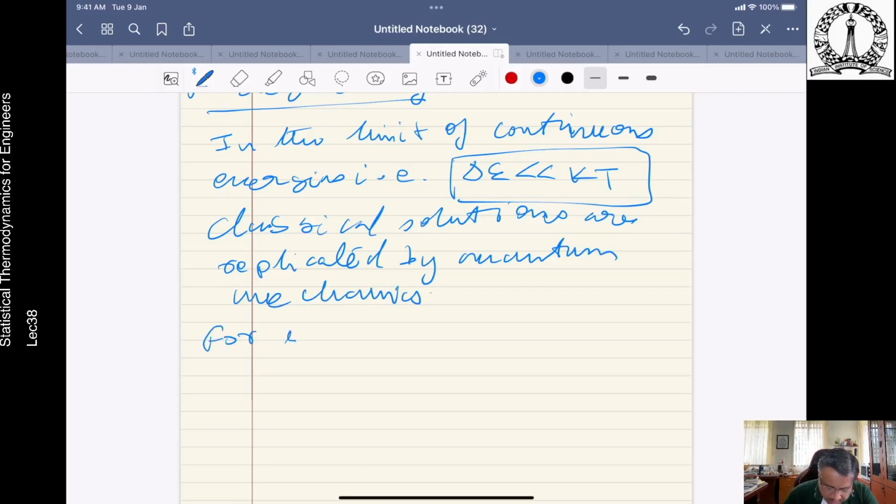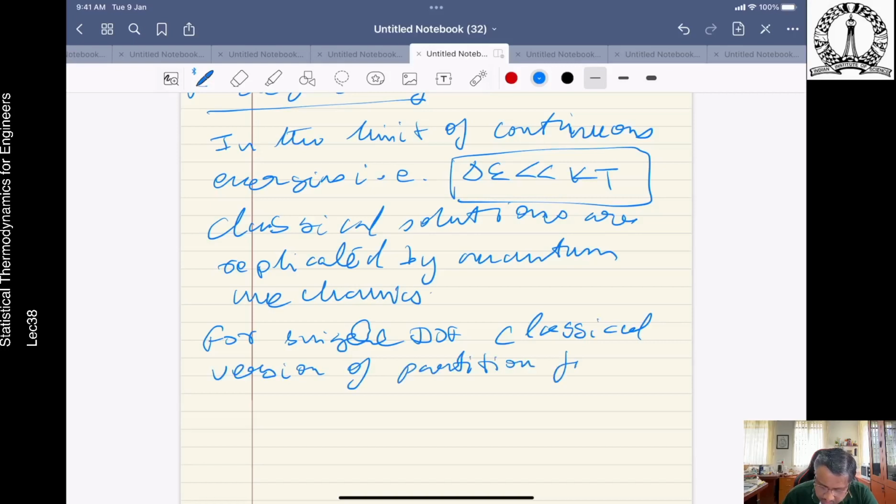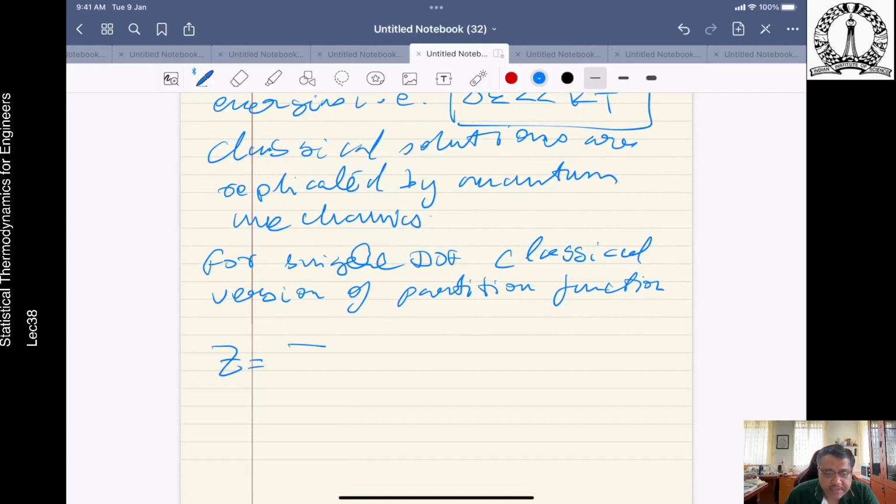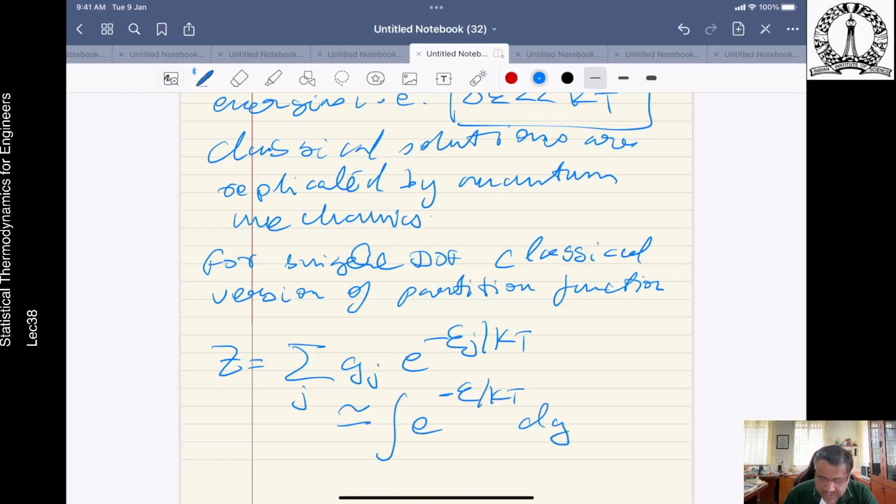For a single degree of freedom, the classical version of the partition function becomes: z equals the summation of exponential minus epsilon_j by kT, which is almost equal to the integral of exponential minus E by kT dg.